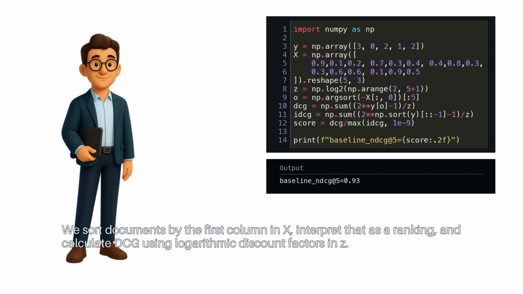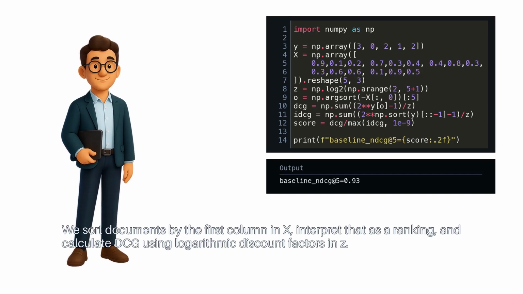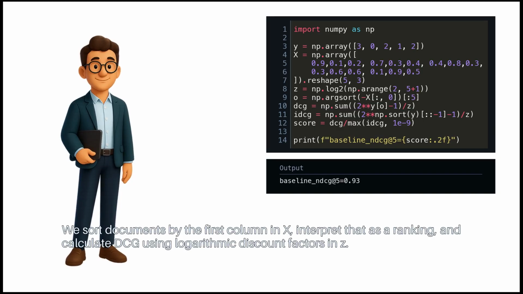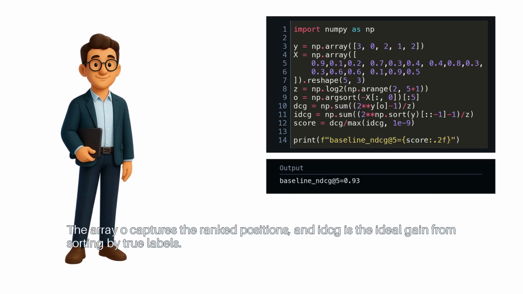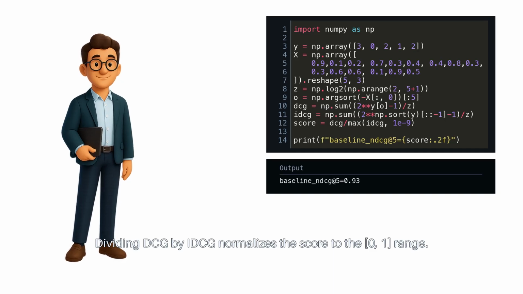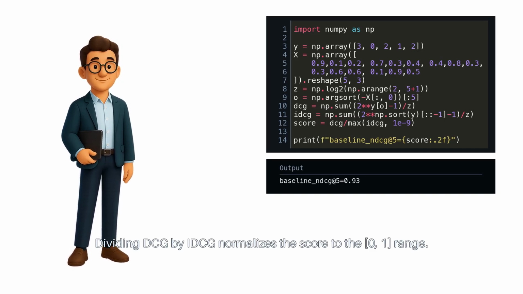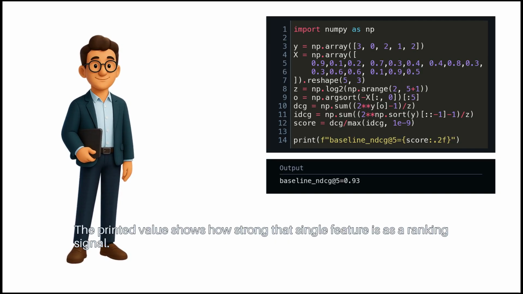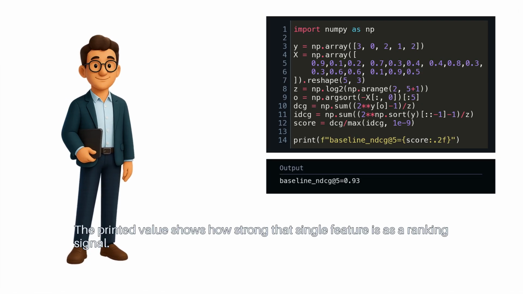We sort documents by the first column in X, interpret that as a ranking, and calculate DCG using logarithmic discount factors in C. The array O captures the ranked positions, and IDCG is the ideal gain from sorting by true labels. Dividing DCG by IDCG normalizes the score to the 0-1 range. The printed value shows how strong that single feature is as a ranking signal.